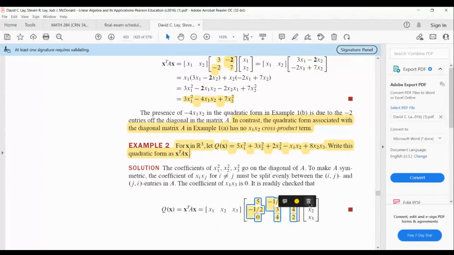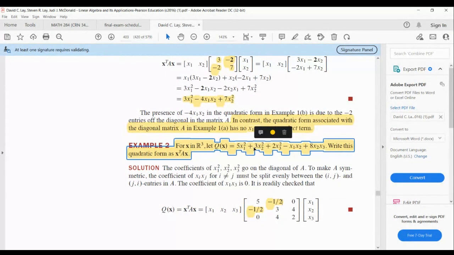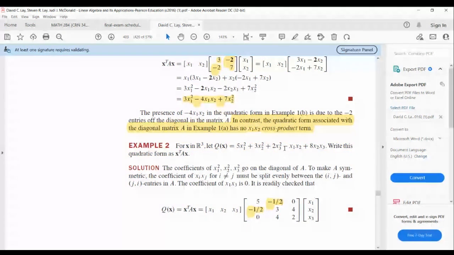Okay, so I'm focusing here, here, here, and here. Now let's focus on the next cross product, which is 8, x2, x3.